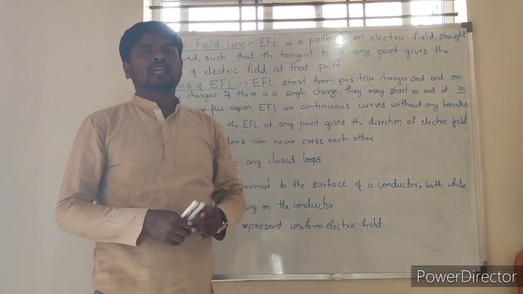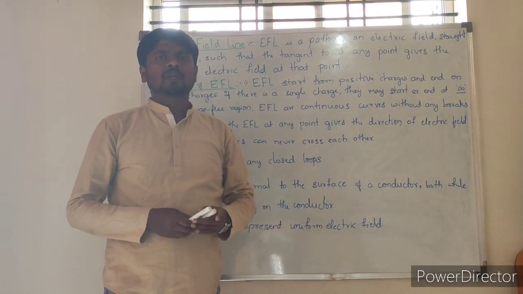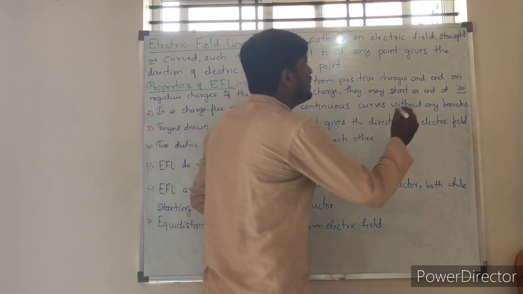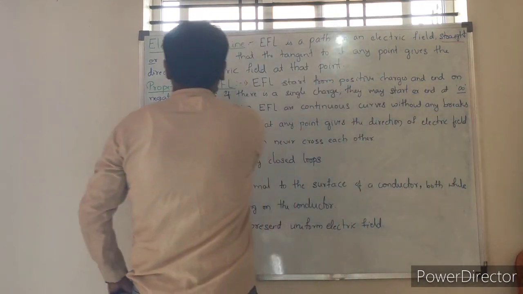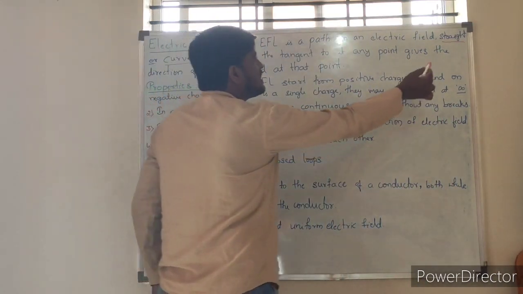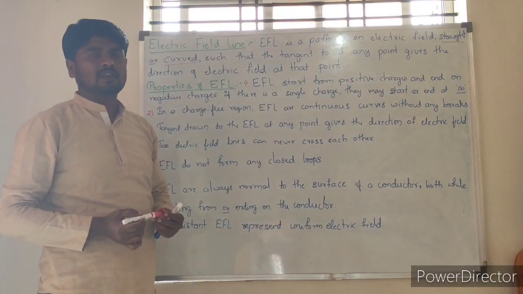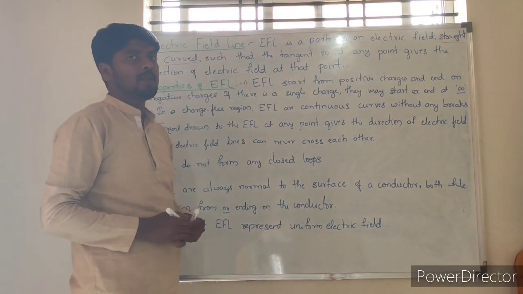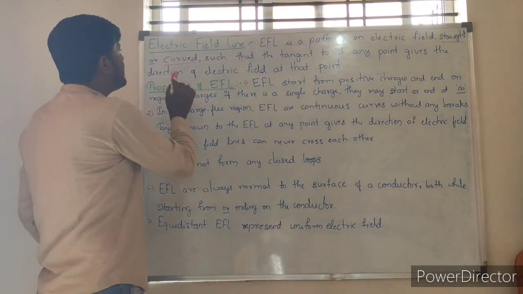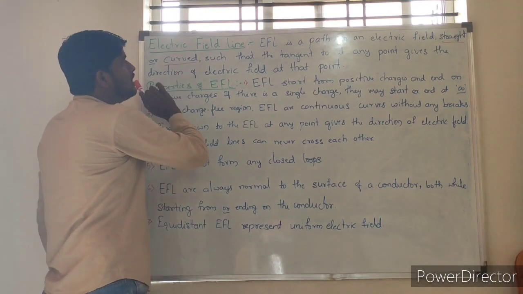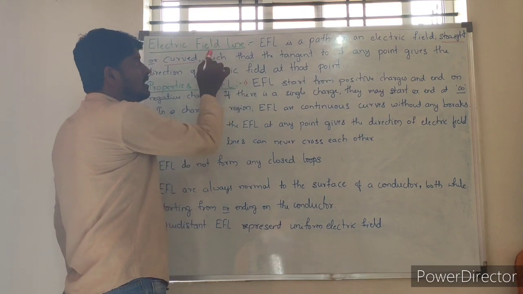Here, the electric field line may be a straight line or a curved one. If it is a straight line, the straight line itself indicates the direction of the electric field. But if it is curved, then draw the tangent to the curve.